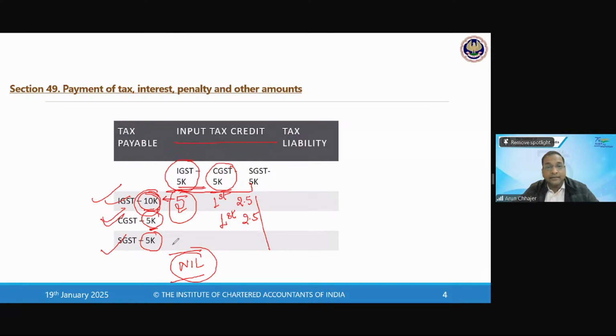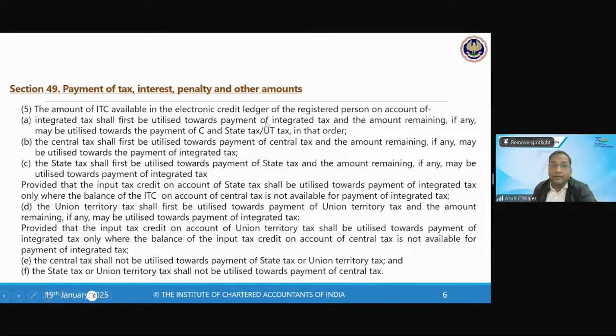Where is the answer? The answer is, read this clause B. CGST का ITC shall be first utilized toward the payment of C, and the amount remaining, if any, it may be utilized toward the payment of I. इसका मतलब क्या हुआ? क्लोजिंग बैलेंस सी की लाइबिलिटी के बाद में अगर बचता है तो आई को दिया जाएगा. Same is for SGST.